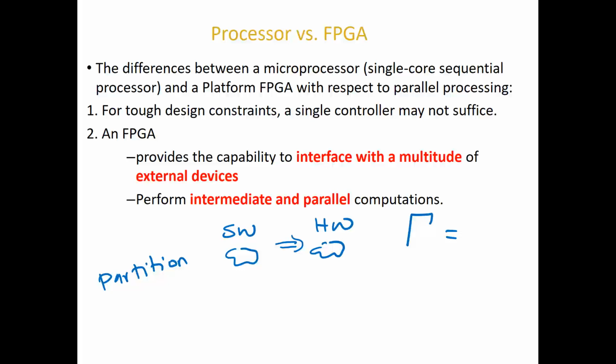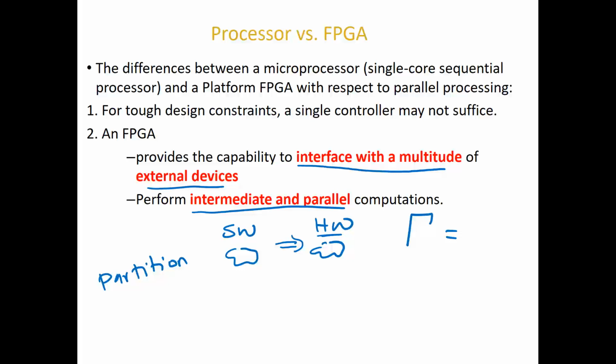But they don't understand that with resources like the FPGA, you have really extensive resources for you. For example, an interface with multiple external devices. You can basically implement whatever interface you want. Intermediate and parallel computation. You can do things in parallel and in pipeline fashion and in producer consumer model. And all these resources are available for you as hardware resources.